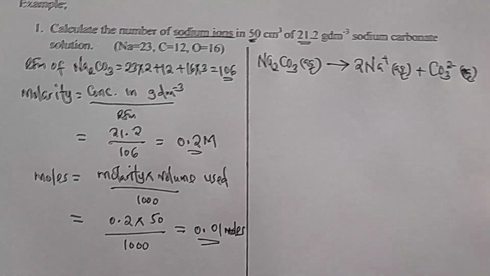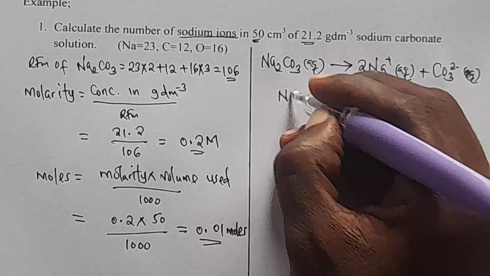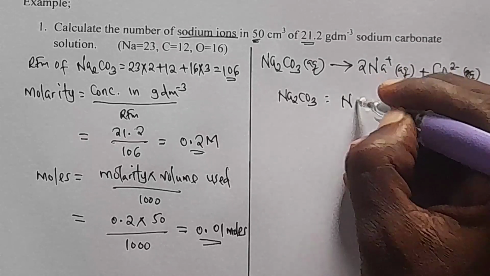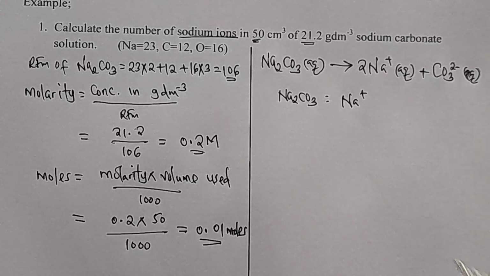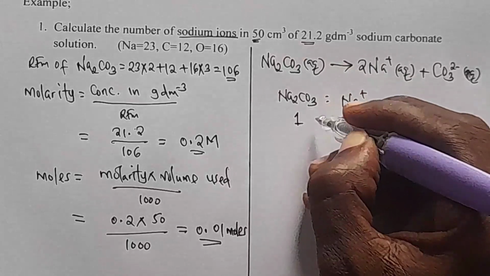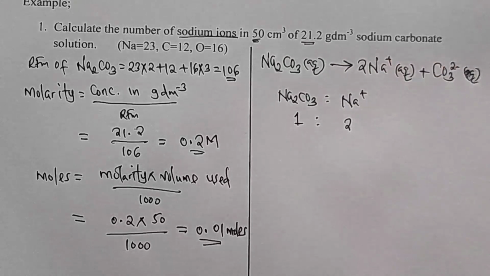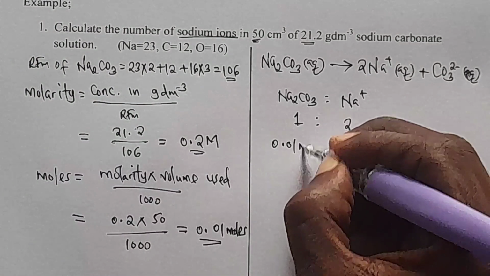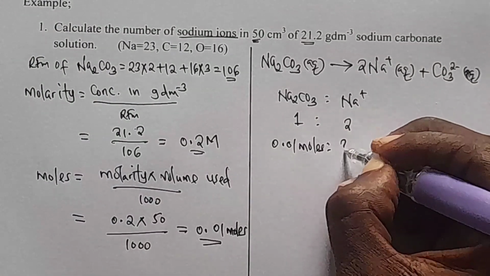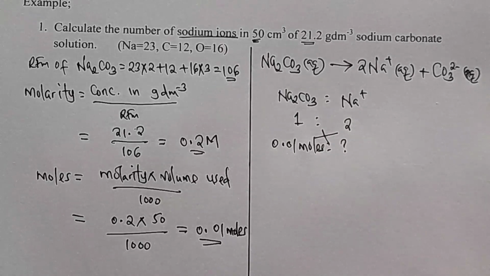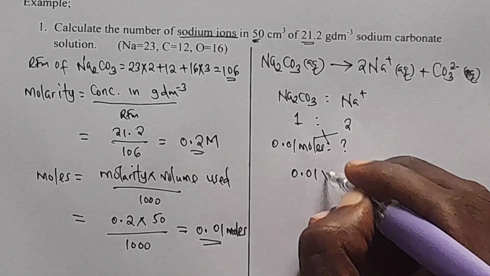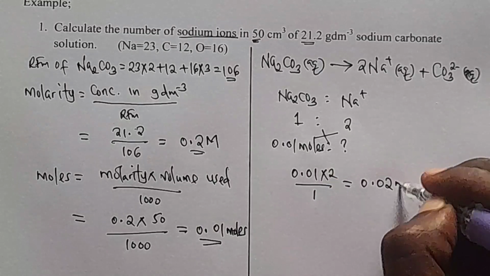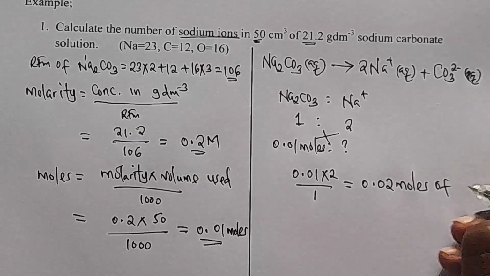So let's now know the mole ratio between sodium carbonate and the sodium ions. Here we have 1 to 2. The number of moles of sodium carbonate was 0.01 moles, so we ask ourselves, what about the one for sodium ion? We cross multiply: 0.01 times 2 divided by 1. So we have 0.02 moles of sodium ions.